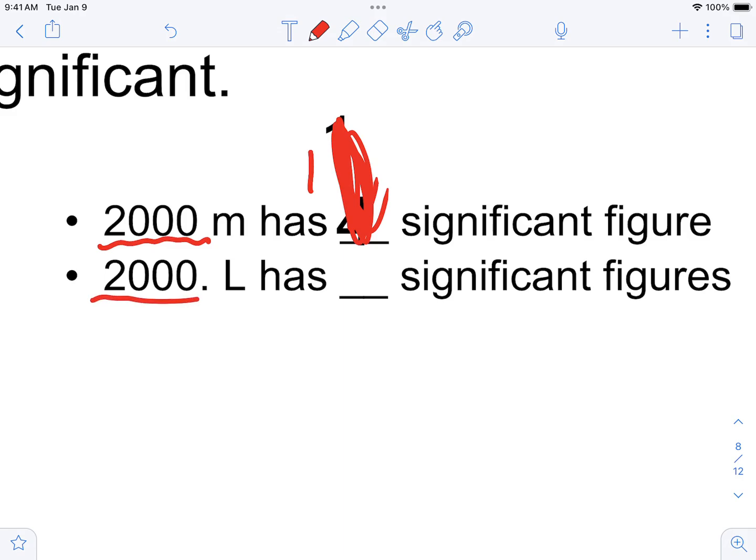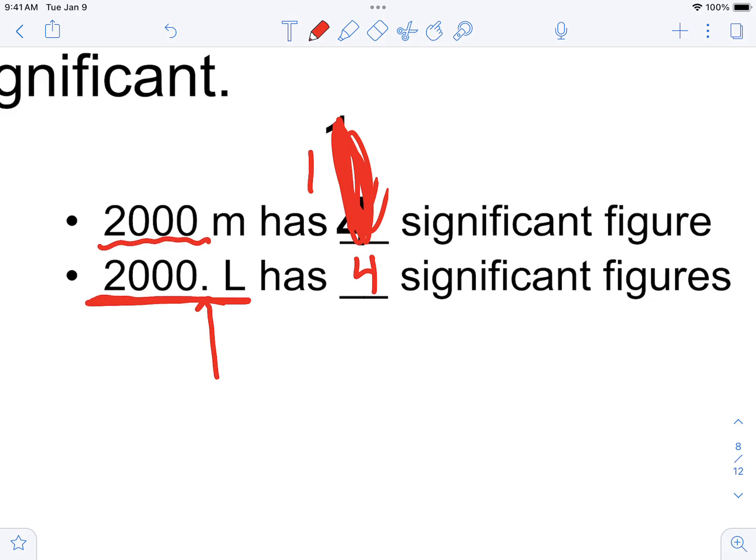If you do have a decimal point, and in the sciences is the only time you would see this happen, 2000 point, and notice there's nothing after the point. That decimal point is there just to tell you that those 4 digits are all significant. You would never see that in math class, just in the sciences. So that's the difference.